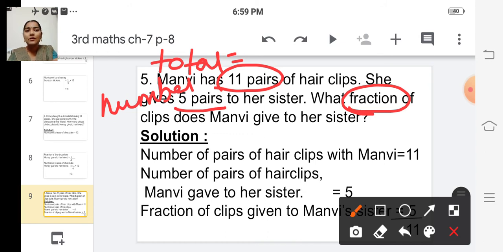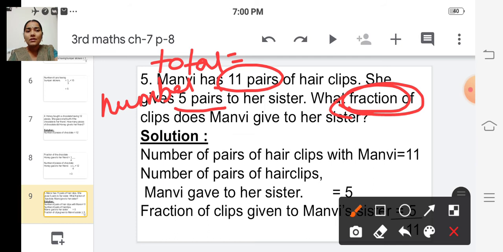Okay. So for that, what we have to do? What is the format to write the fraction? Number of parts selected by total number of equal parts, isn't it? If they ask the fraction, then you have to remember the format.